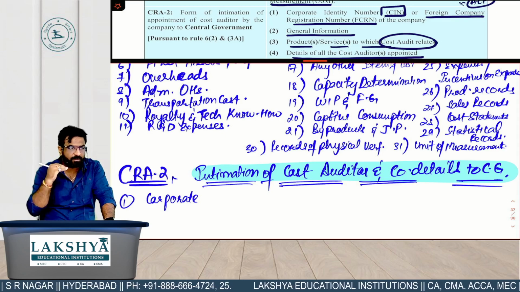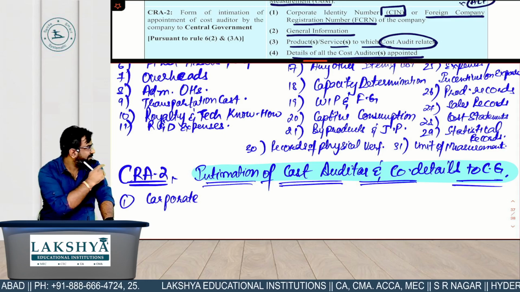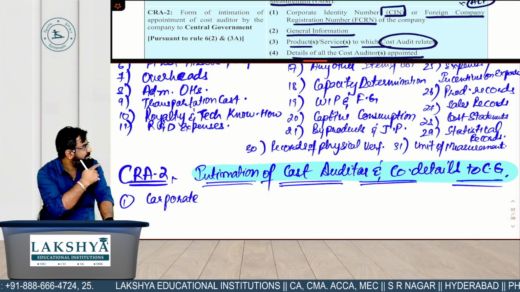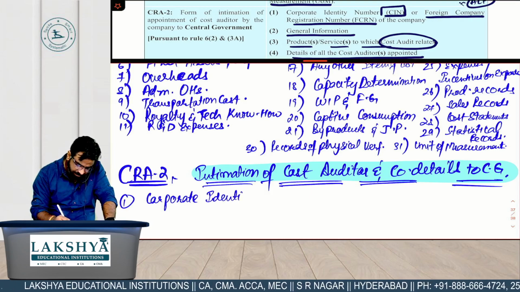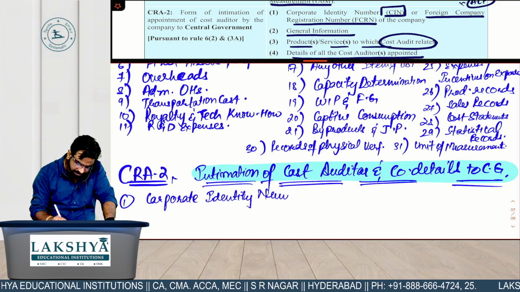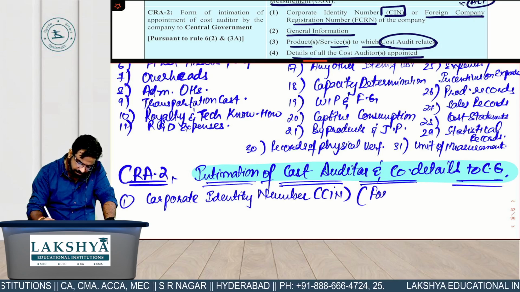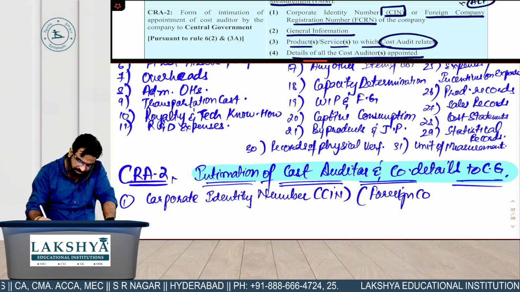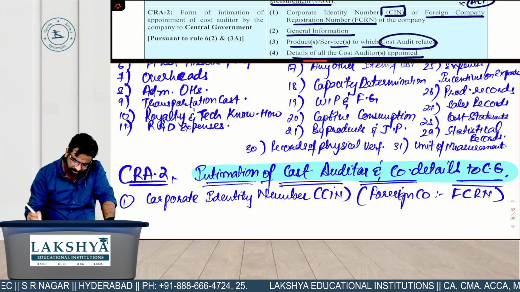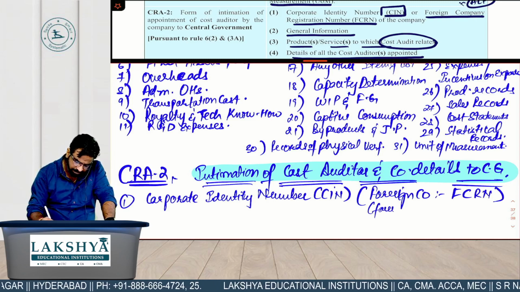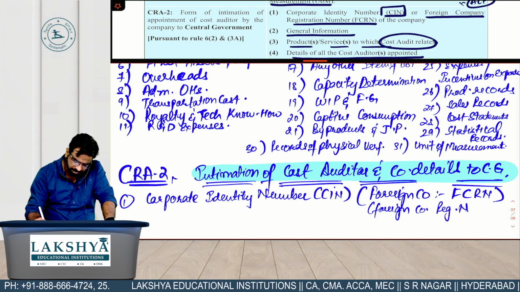This is how the form looks. I think we correlated the same thing in the previous class. Whatever is written in here is the same sequence which we have to follow there, right? First one, corporate identity number, that is SIN. And in case of foreign company, foreign company registration number.